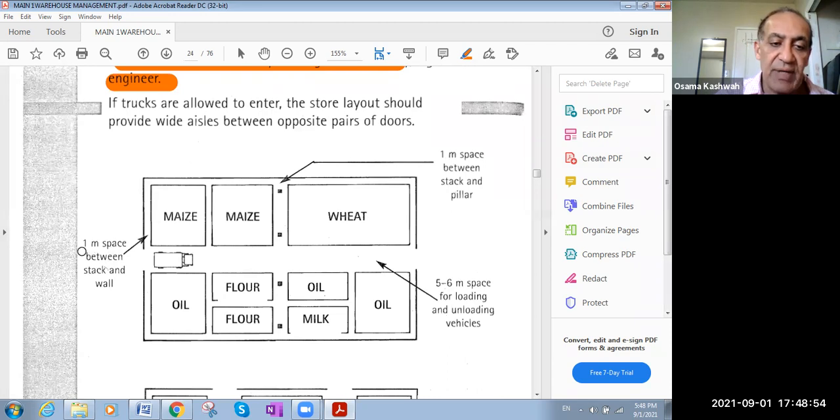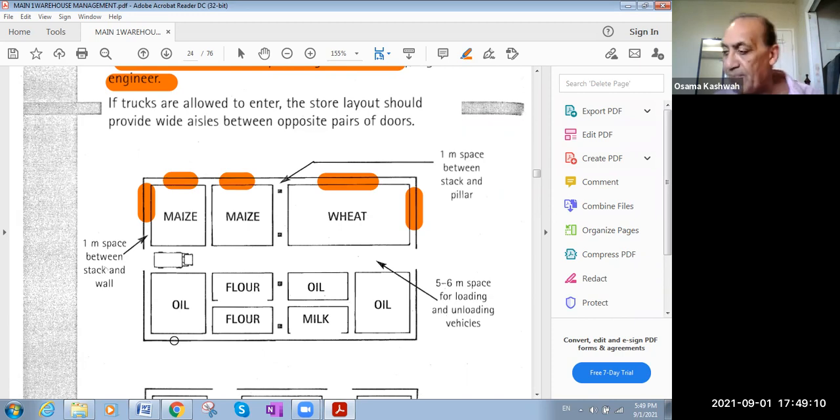You leave 1 meter of space between the stacks and the wall. Don't put the stacks stuck to the wall. You see there is a distance here between the stacks and the wall. Just keep this distance between the stack and the wall.